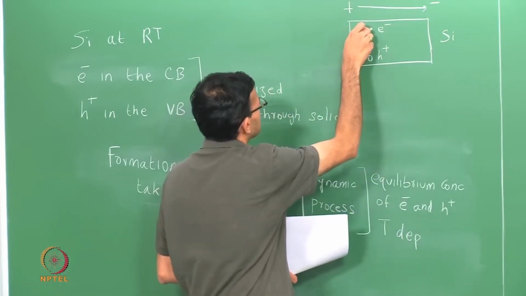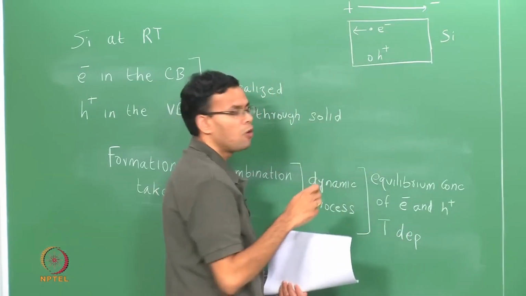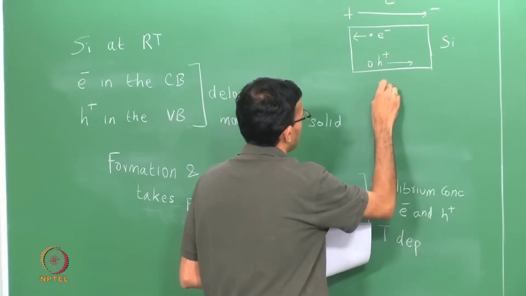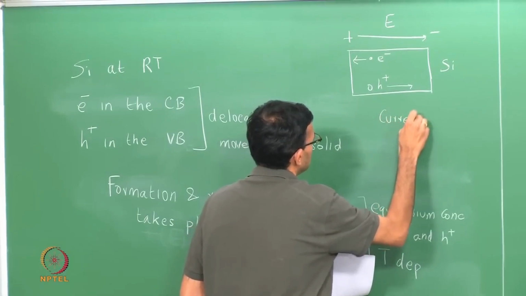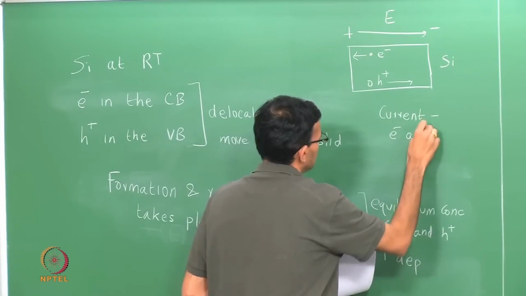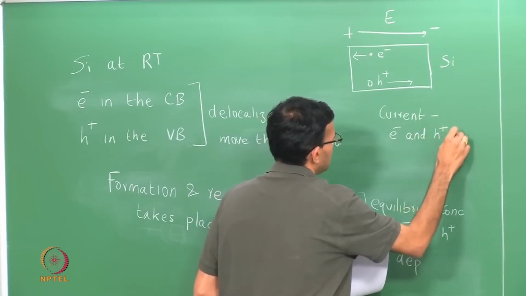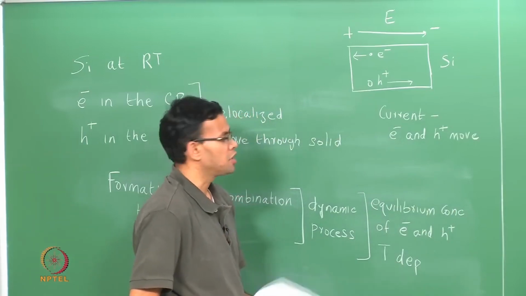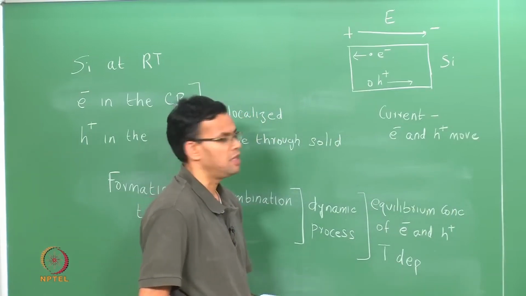Electrons will go in the direction opposite to the field, holes will go in the direction of the field, and finally you will have a current. The current is because the electrons move in the conduction band and the holes move in the valence band.